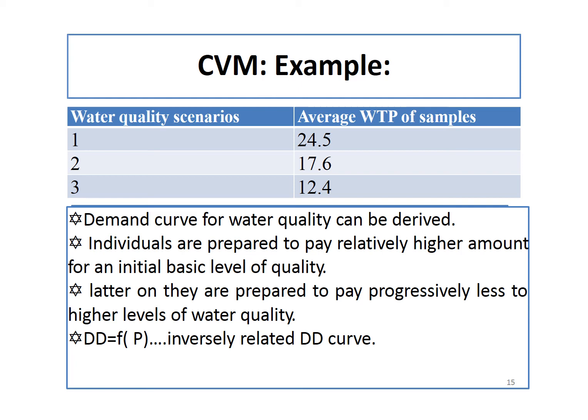The demand curve for water quality can be derived from this, and individuals are prepared to pay a relatively higher amount for an initial basic level of quality. Later on, they are prepared to pay progressively less for a higher level of water quality.